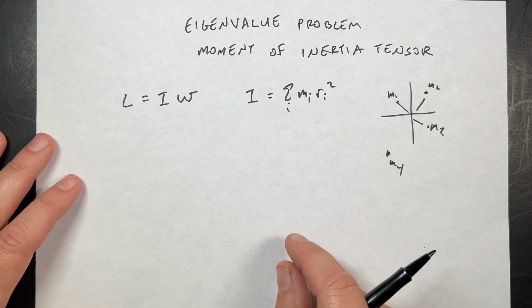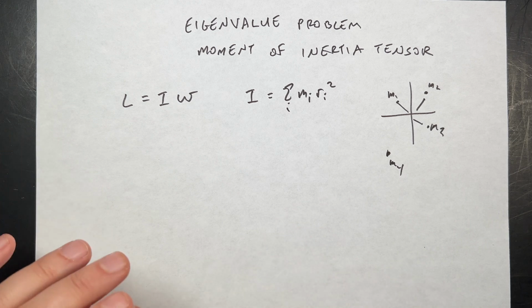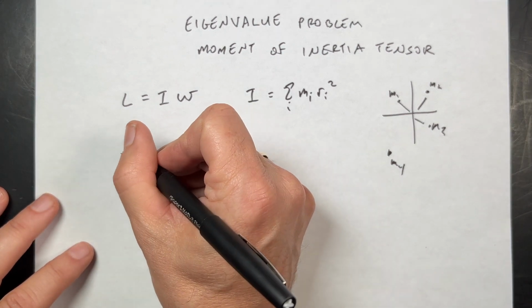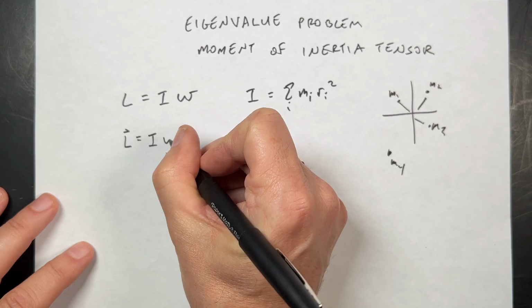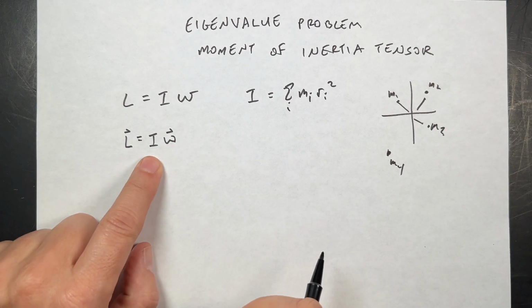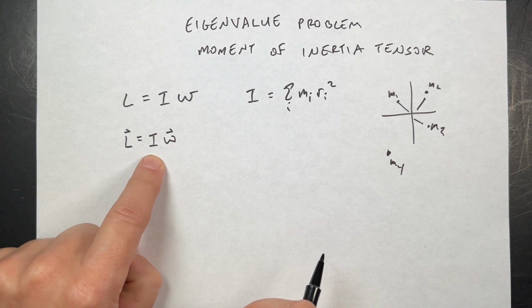However, if it's not a fixed axis, if it's freely rotating in 3D, then we define the angular momentum vector L as I times omega, and I is the moment of inertia tensor.